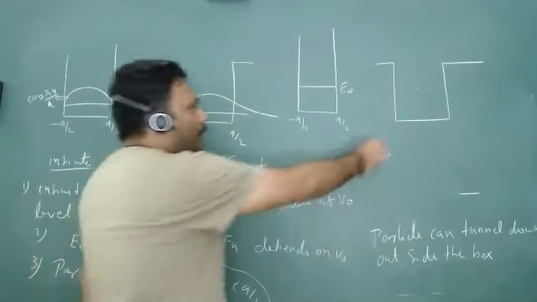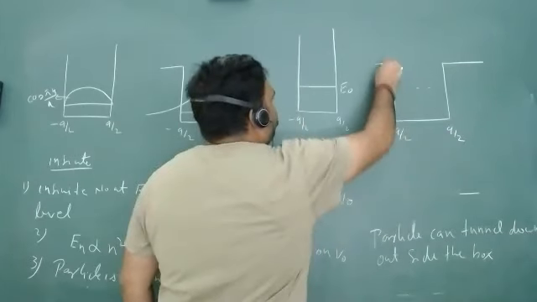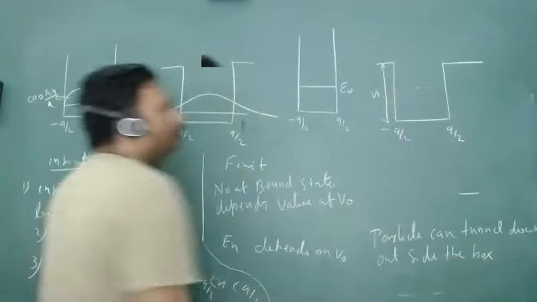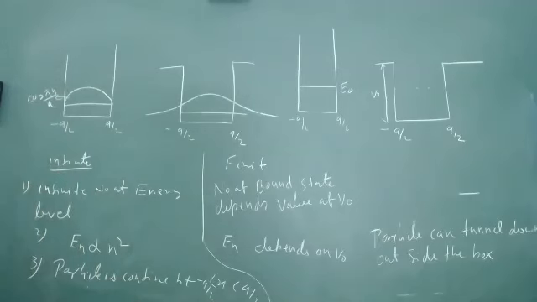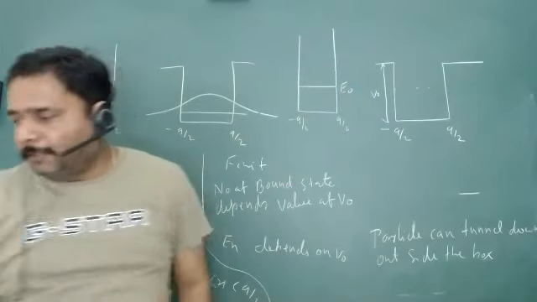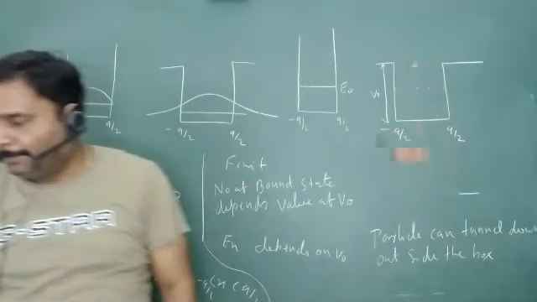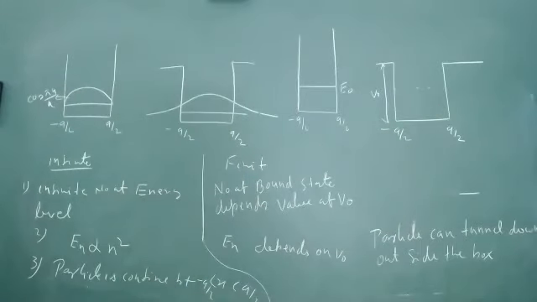Suppose I am talking about finite potential. What is the value of E naught? Pi square h cut square upon 2 m a square. So should it be the same, greater or less? Less.